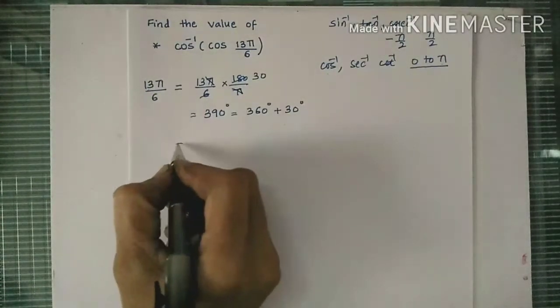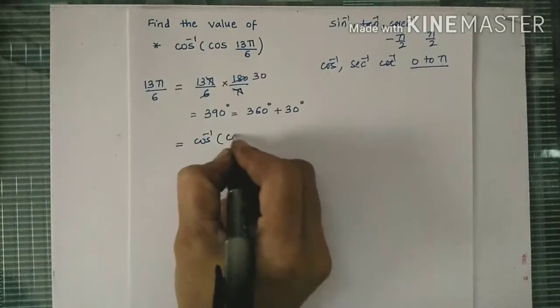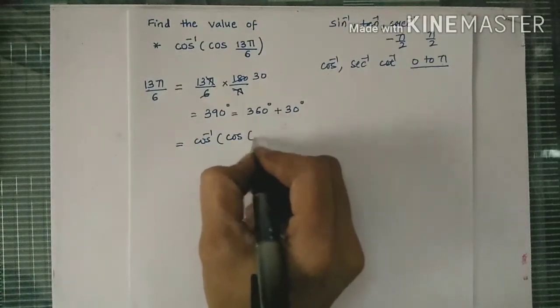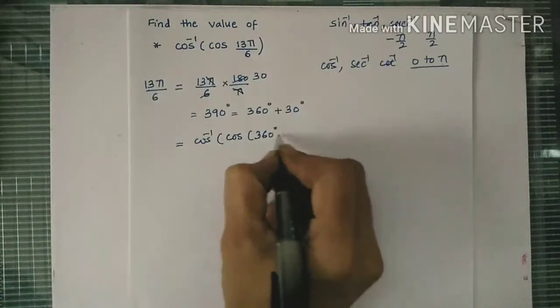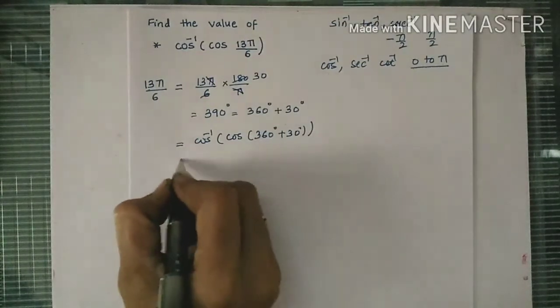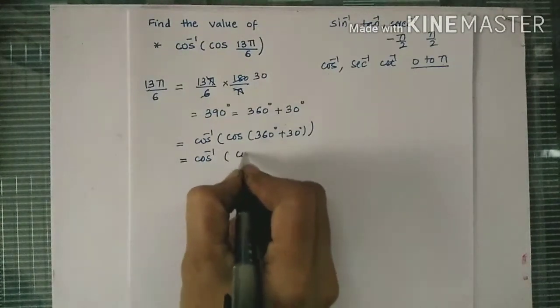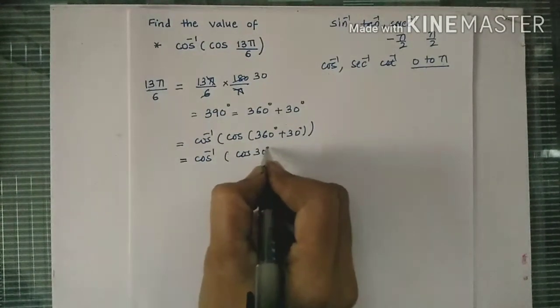So the answer here is cos inverse of cos of 360 degrees plus 30 degrees, and 360 degrees is equivalent to 0 degrees, so this becomes cos of 30 degrees.